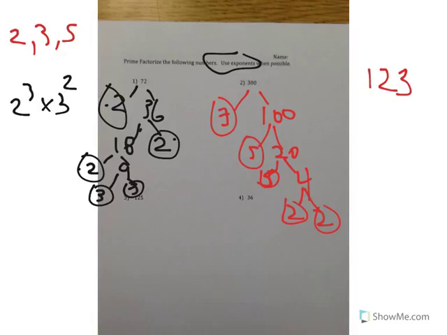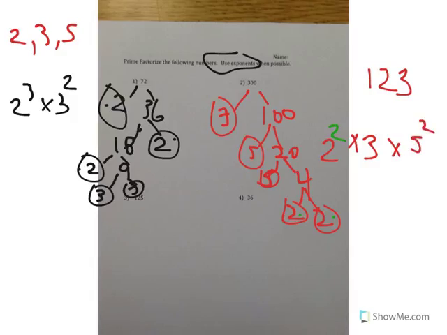So the correct prime factorization for this one is going to be 2 to the second power, times 3, because there's only one 3, times 5 to the second power.